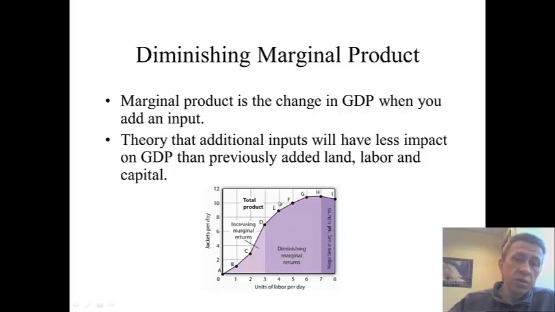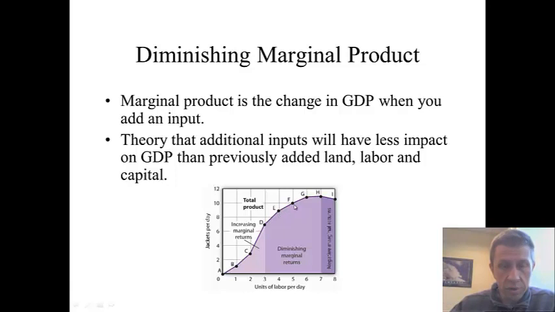Now, diminishing returns does not mean output drops. Here from part D, from unit of labor 3 to 4, D to E, output goes up, but it doesn't go up as much as it went up from C to D. From E to F it goes up, but it doesn't go up by as much as it went from C to D or D to E. This is what you call diminishing marginal returns.